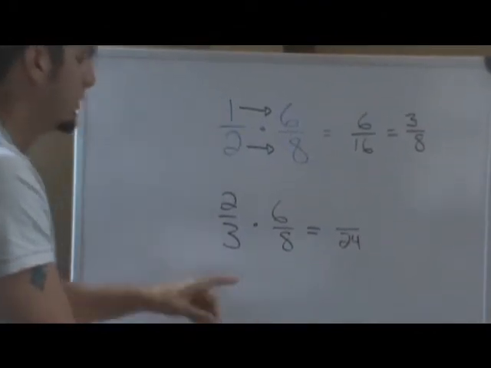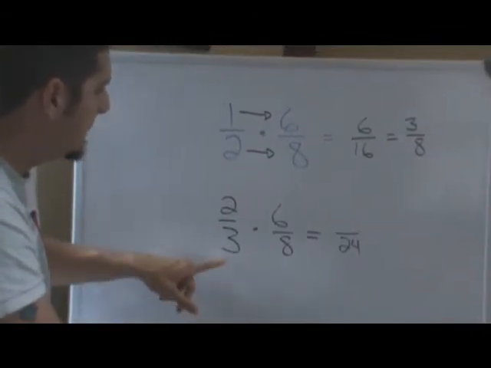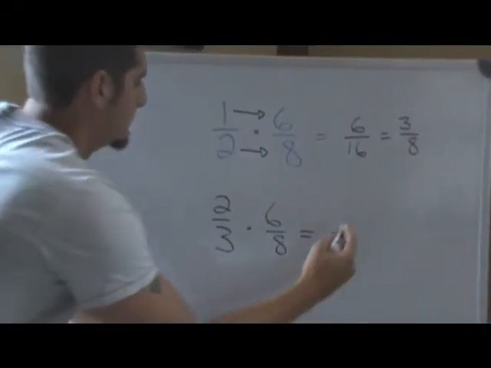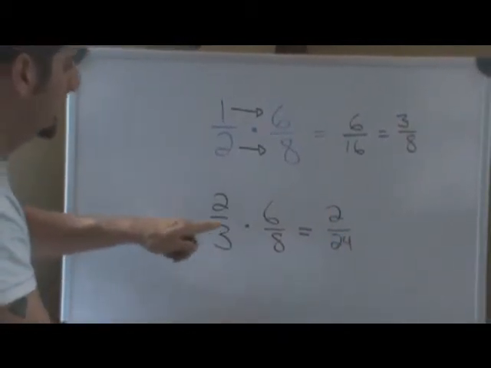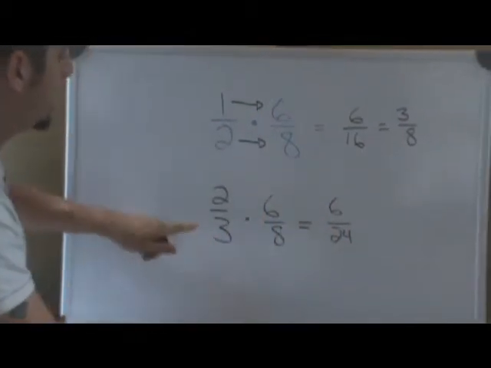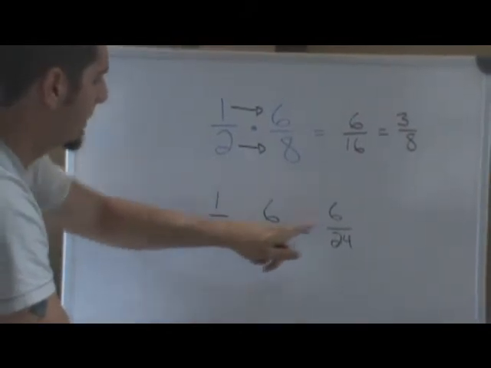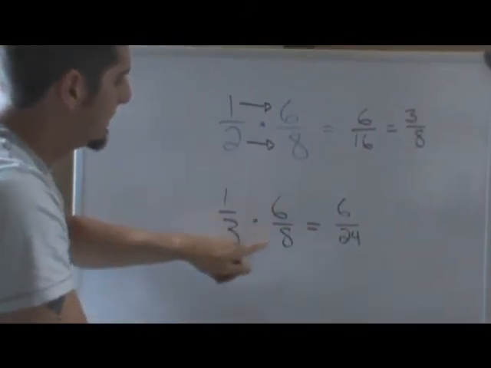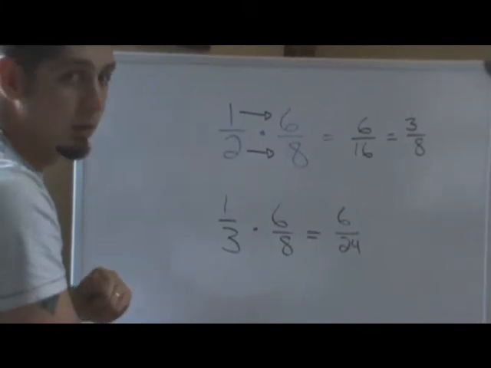Okay? So essentially what I just did was I figured out 2 24ths, okay, or 6 24ths. So if I multiplied this by 1/3, I know 1/3 of 6/8 would be 6 24ths. Okay?